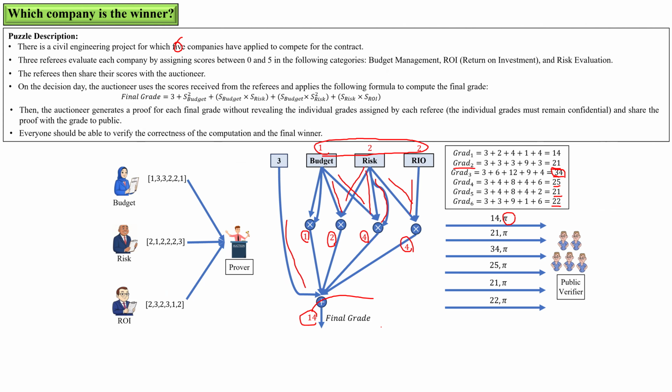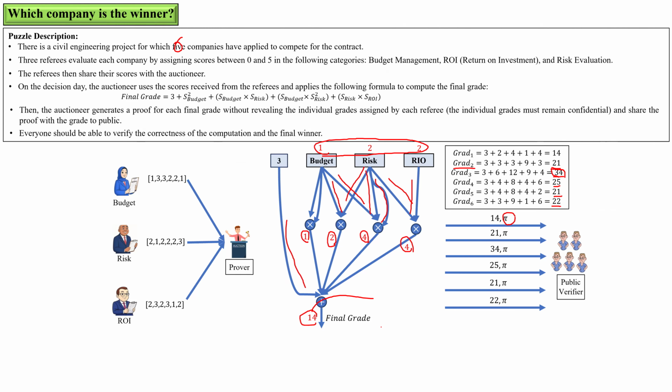Okay, so now we are seeking a scenario that the auctioneer could convince the public that he has the original value or entered value for the secret, that the final outputs could be verified. So this is kind of a zero knowledge scenario, right?